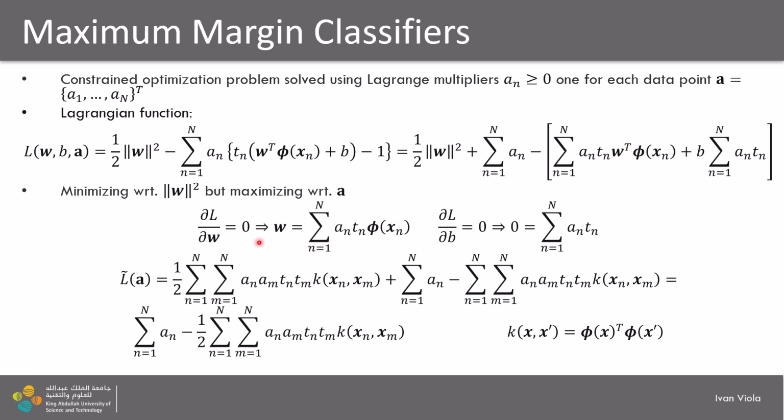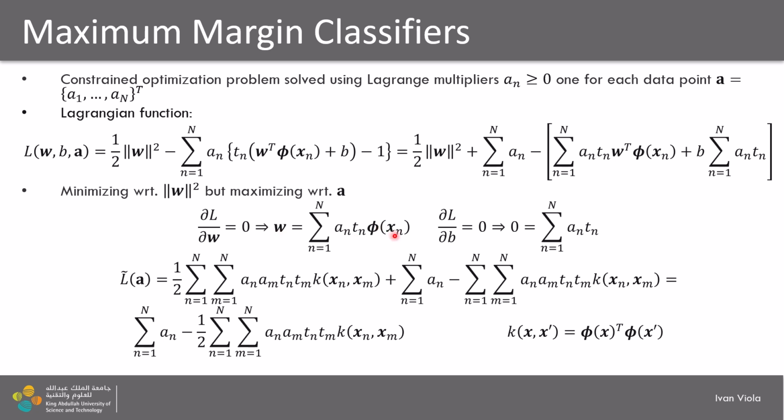So this is minus here, this is plus, therefore this partial derivative with respect to the w implies that the weight will be calculated as the sum of the constraint Lagrange multiplier and the feature vector for the xn and the tn, whether it's positive or negative, and that will define the weights.